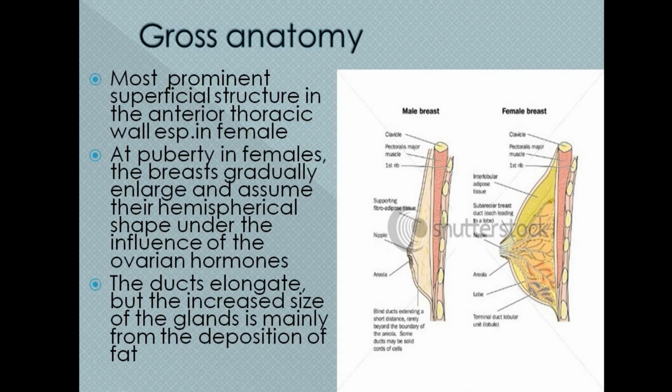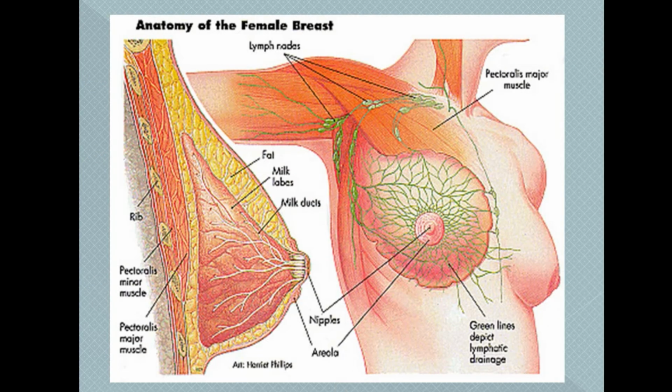The ducts elongate, but the increase in the size of the gland is mainly because of the deposition of fat during the pubertal age, and the fat decreases during the proliferation of the parenchyma and the alveolar hypertrophy.